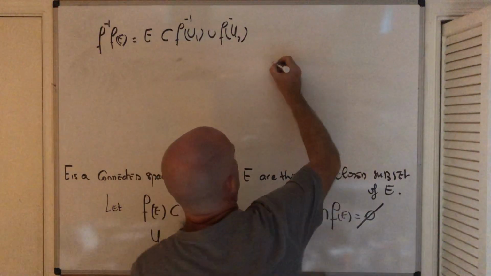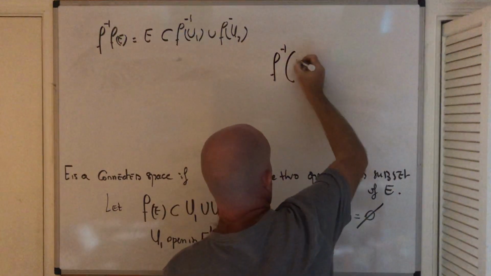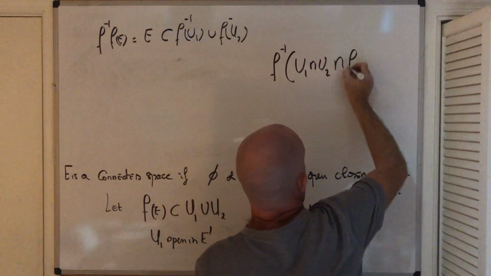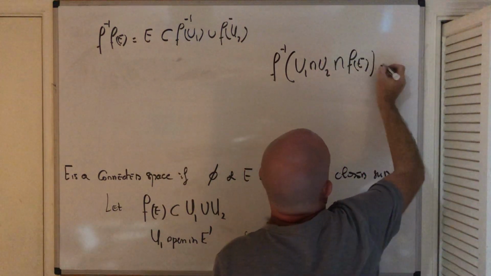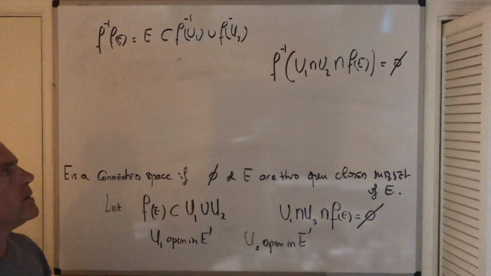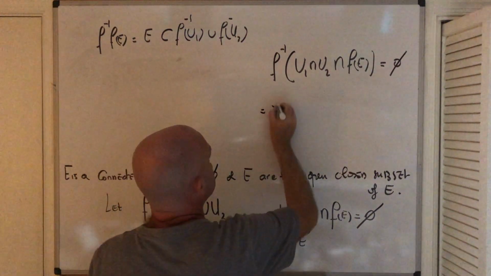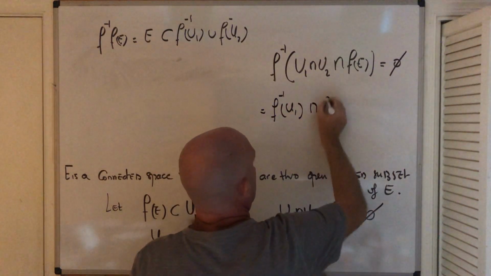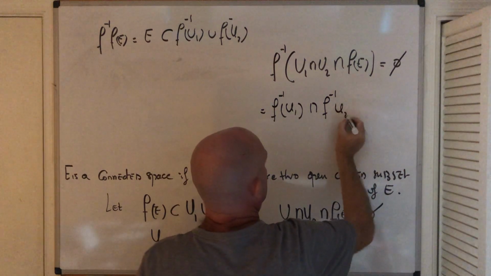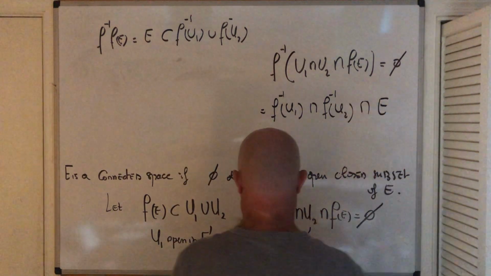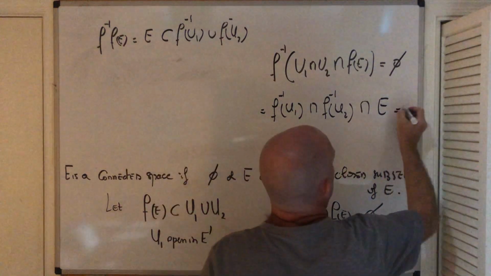But then I claim that f minus 1 of U1 intersected with U2 intersected with f of E is of course the empty set. The preimage of the empty set is the empty set. And so this has to be equal to f minus 1 of U1 intersected with f minus 1 of U2 intersected with E, which is the empty set.